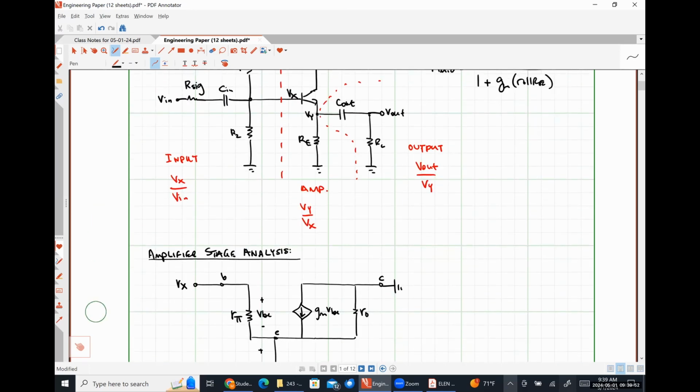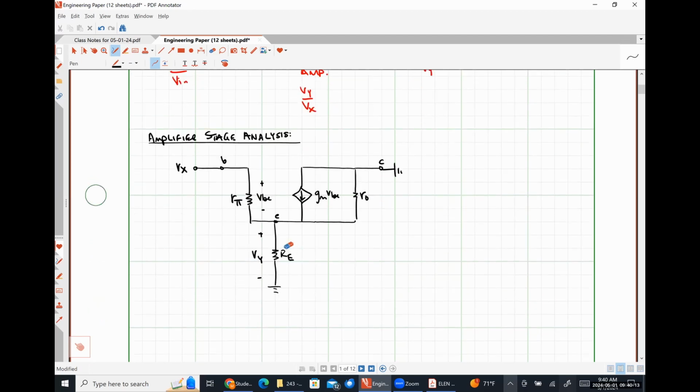But we can't forget that our output stage is going to effectively load this thing as well, so it's going to contribute to the frequency response of the amplifier stage. So that's just going to look like an impedance of RL plus 1 over SC out in parallel with RE.